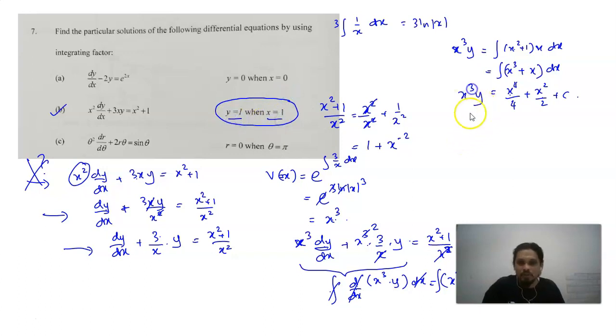So 1 cubed is 1, and y also equals 1. 1 to the power of 4 divided by 4 plus 1 squared over 2 plus c. This is 1, so c equals 1 minus 1 over 4 minus 1 over 2.